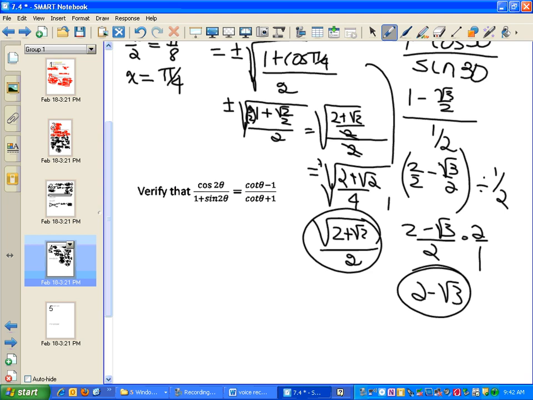And nobody caught it. This is 2 plus root 2. This is 2, so multiply it by 1/2. That's going to be 2 plus root 2 over 4 all over 1. Not getting it? Because what's the square root of 4?